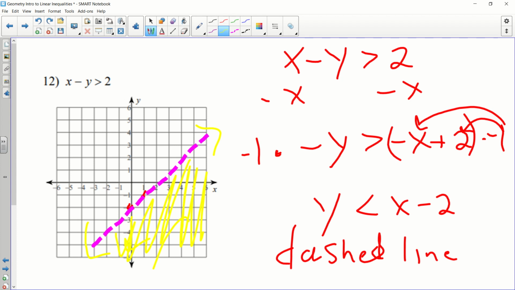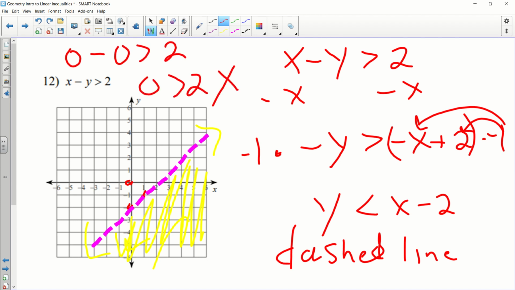Now I can check a point. Again, 0, 0 looks great. 0 minus 0 is greater than 2? 0 is not greater than 2. So it should not be in my shaded area. It's not. So I have graphed the correct shaded area below the line.